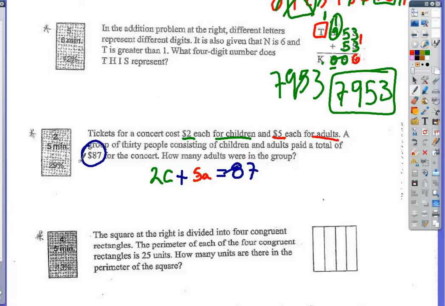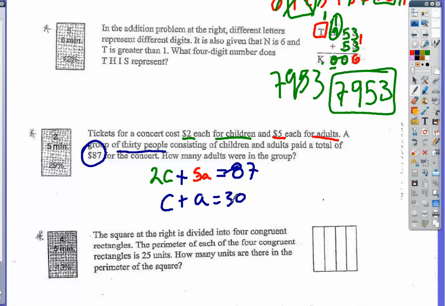But it also says that 30 people bought tickets total. So that means the number of children's tickets plus the adult tickets is going to equal 30. So this is something called substitution.